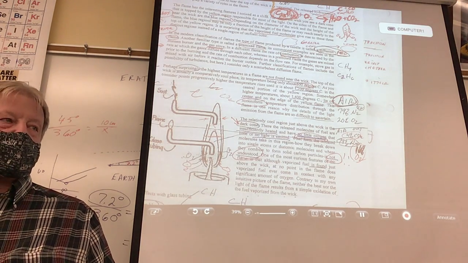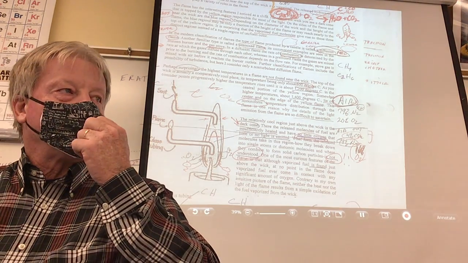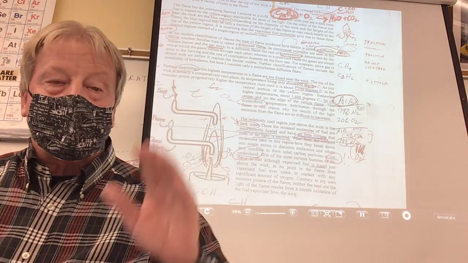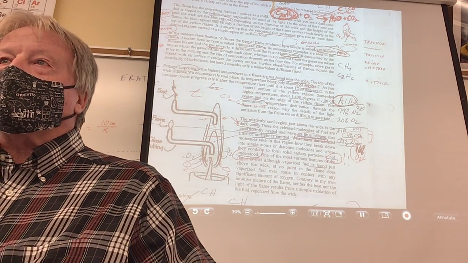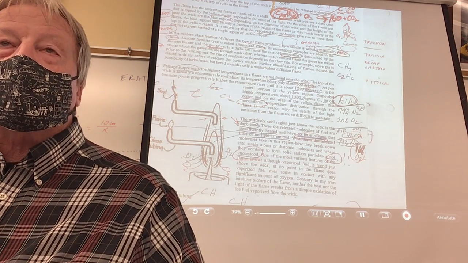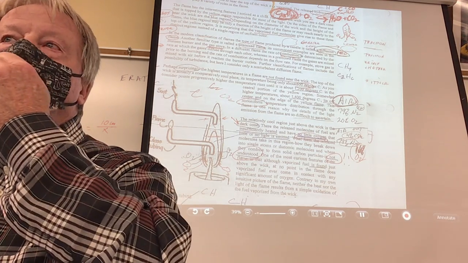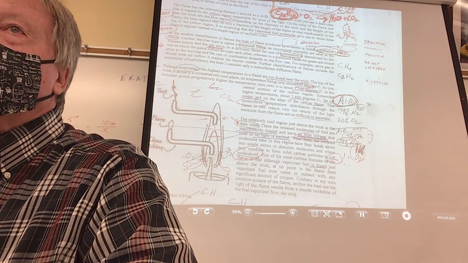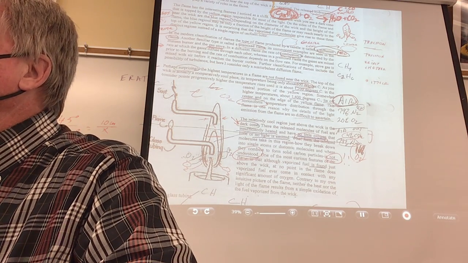You've got a 50-50 chance. I don't remember last time in a campfire. Do you remember anything mixing, vaporized wood? Wood doesn't get vapor. Yes, it does. Okay.